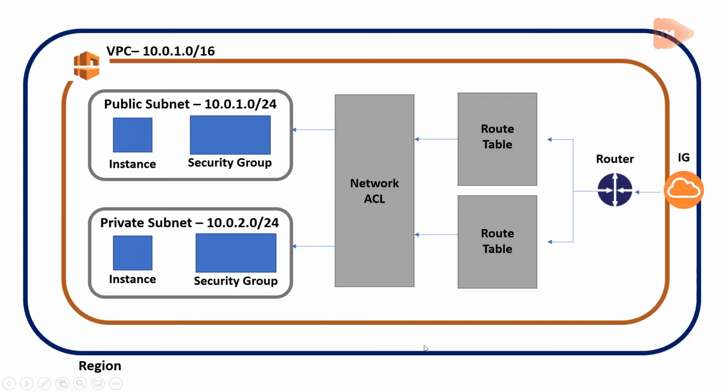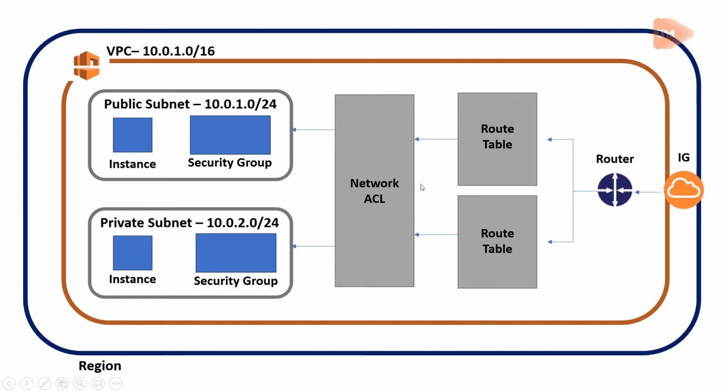Now this is something that we are going to do. This is the setup that we are going to build. You will have a region right here, that is the whole region, and within it you will create your VPC. The VPC will connect to the internet using the internet gateway. There is a router, the AWS router, that you will be using.